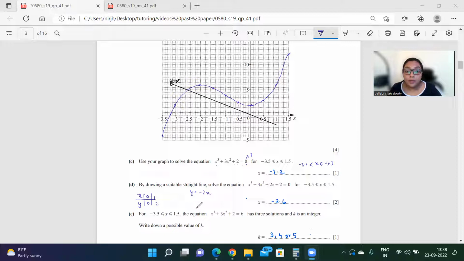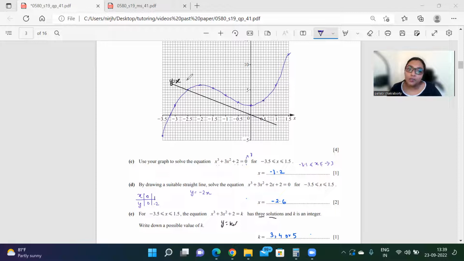Over here, one important point to consider is this curve has 3 solutions. You have to understand the meaning of 3 solutions. 3 solutions means this line which you take, y is equal to k, has to intersect this curve at 3 different points. And that k value, that is the y value which you take, has to be an integer.